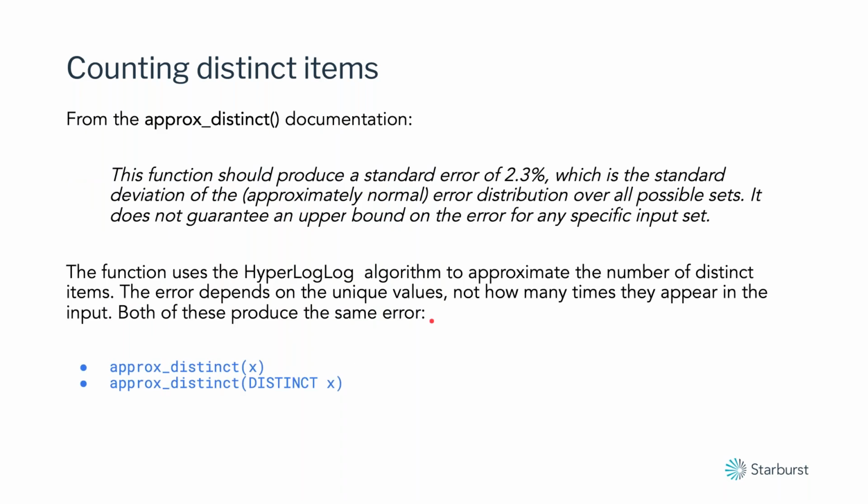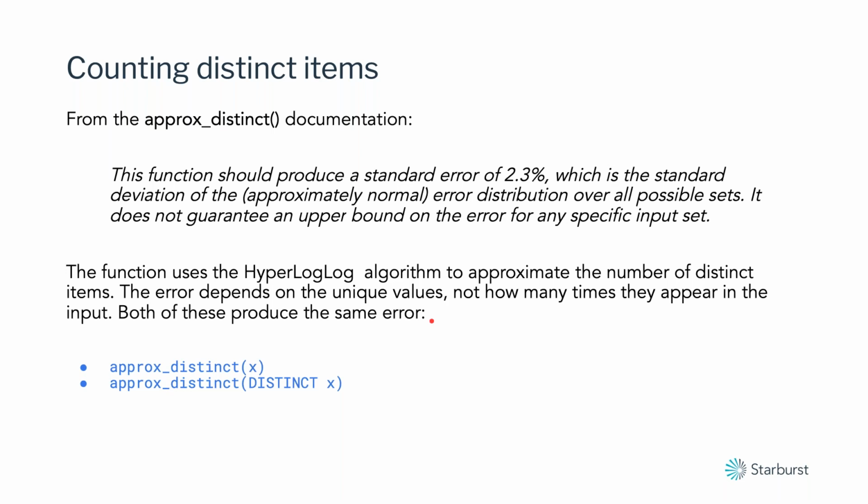You can read in the documentation about Approx_distinct that the function produces a standard error of 2.3%, which has a very specific statistical meaning. It means that over all inputs, the error distribution is 2.3%, but there's no guarantee of the exact error for any given data set.